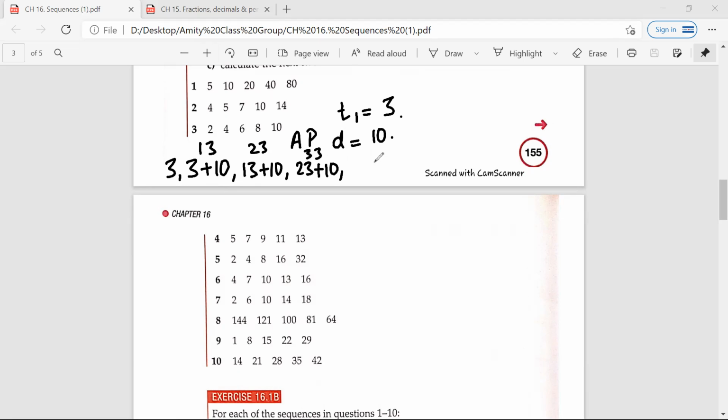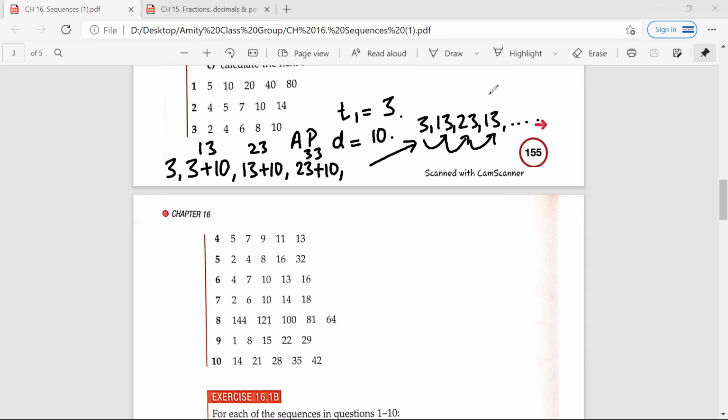So my arithmetic progression would be 3, 13, 23, 33, because the same number, 10, is being added. Are we clear? Yes, sir.